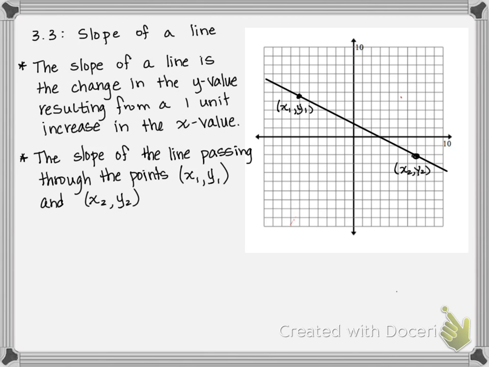And just like we did when we were counting them off the graph, we're just going to find the difference in our y values and the difference in our x values.